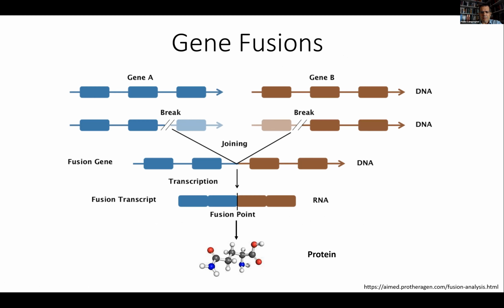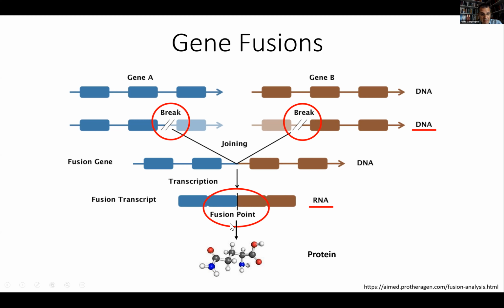So talking a little bit about methods, right? Basically what we have here is a breakpoint in two genes that will be joined. In this case, I'm showing a chimeric transcript leading to a chimeric protein. If we're looking at breakpoints, then we have to study DNA, right? Most of the breakpoints occur in introns. We have to sequence DNA in order to find these fusions.